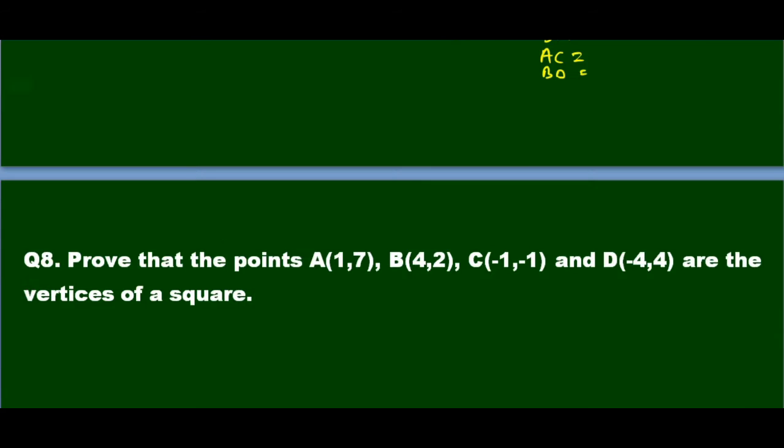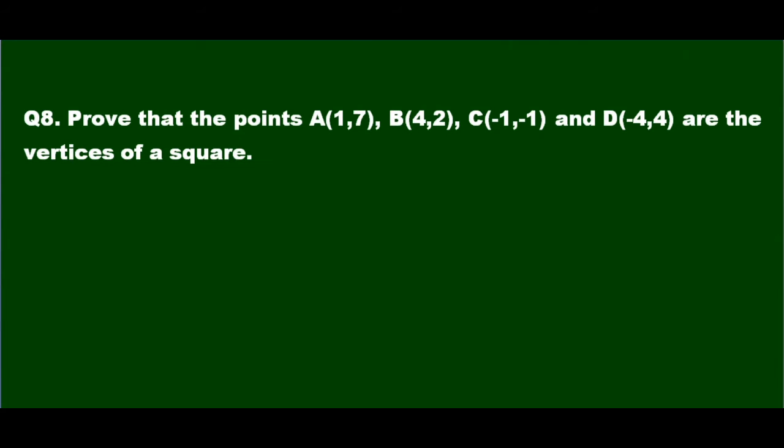Now our next question is, prove that the points are the vertices of a square, clear. So points A, B, C and D are given. So draw a rough sketch of a quadrilateral named ABCD.